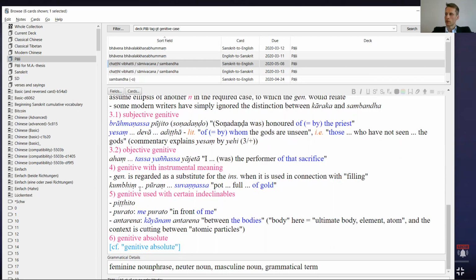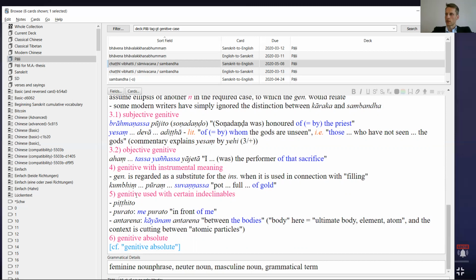Furthermore, when we add this adjective pūraṃ, then we can express something in regard to filling. So kumbhiṃ pūraṃ suvaṇṇassa, a pot, kumbhiṃ, full, pūraṃ, of gold, suvaṇṇassa. Even in a bit of an instrumental sense, the pot is filled with gold, one can also say.